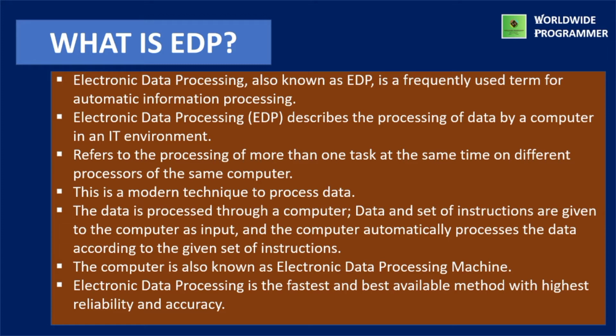The data is processed through a computer. Data and a set of instructions are given to the computer as input, and the computer automatically processes the data according to the given set of instructions. The computer is also known as an electronic data processing machine. Electronic data processing or EDP is the fastest and best available method with the highest reliability and accuracy.